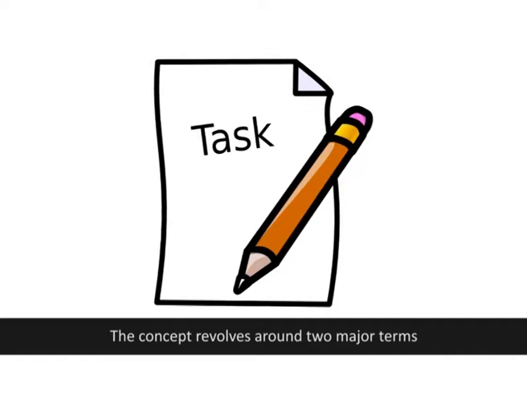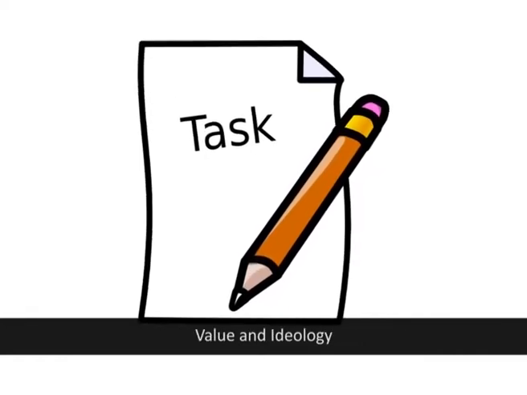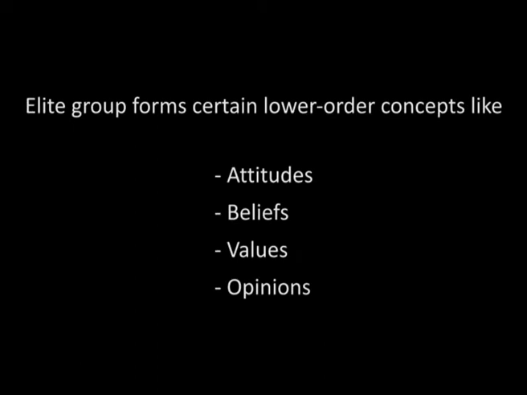The former concept revolves around two major terms, value and ideology. All the members in the society hold a working ideology. Apart from this, an allied group forms certain lower order concepts like attitudes, beliefs, values and opinions.